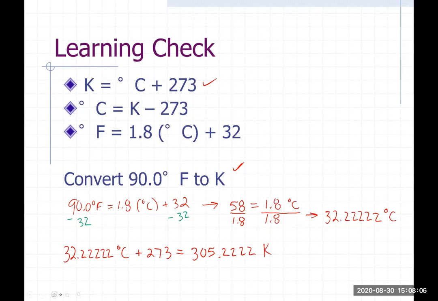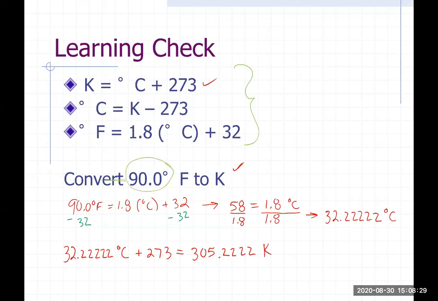And now I just want to double check my significant figures and make sure that I'm using the correct sig figs. The only data value I have, I'm not going to use anything from up here. I'm not going to use these formulas because these are static constants that are in these formulas, so I'm not going to use those. I'm going to use my data value.